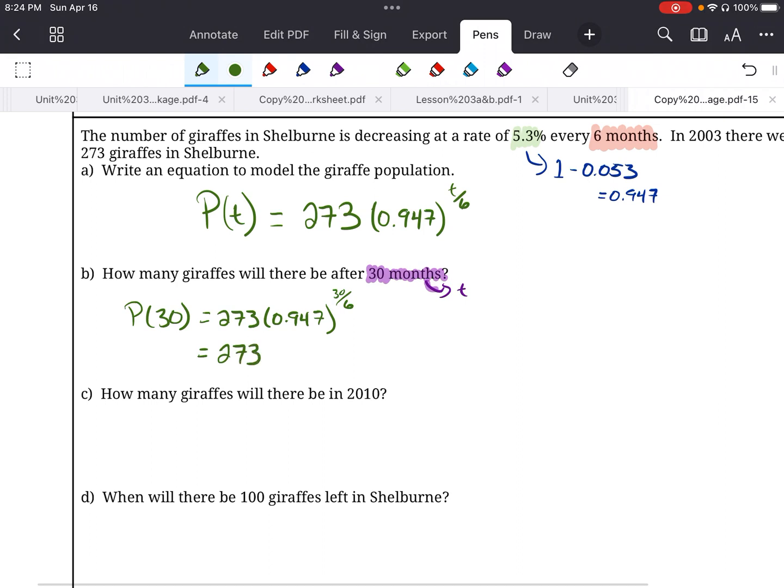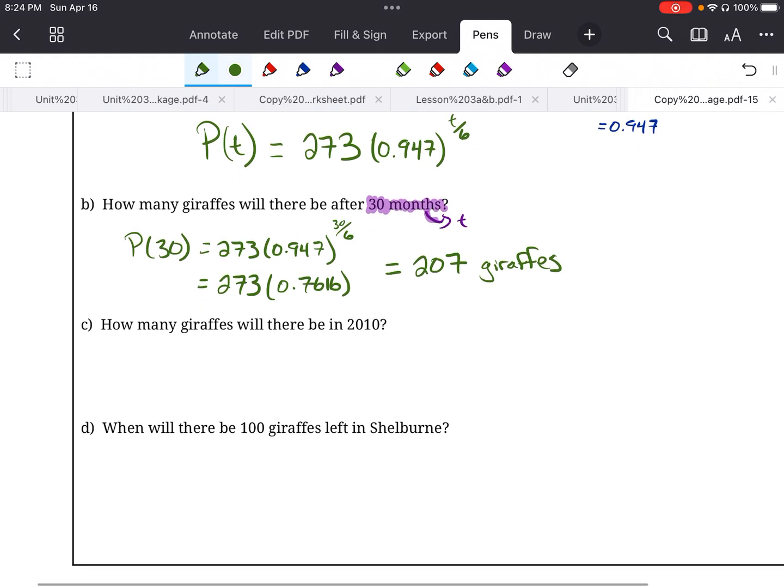So we're doing 0.947 to the power 5, and that's going to give us 0.7616. Multiply that by 273, and we figure out there are 207 giraffes. I'm pretty sure it's 207.8 or 0.9, but again, we can't have a partial giraffe, so you round down.